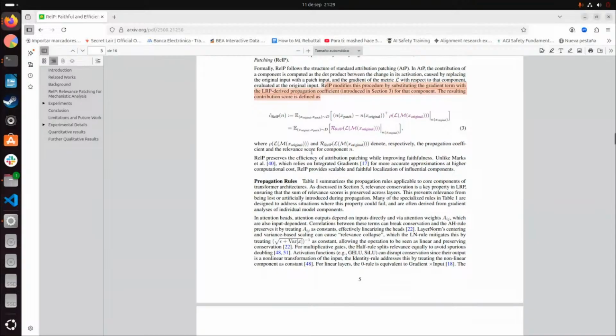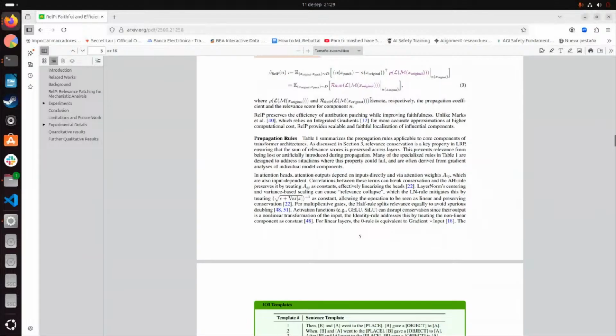Yeah, I still don't completely understand that formula. Propagation coefficient and the relevance score for a component. RelP preserves the efficiency of attribution patching while improving fidelity. So at least they claim that.